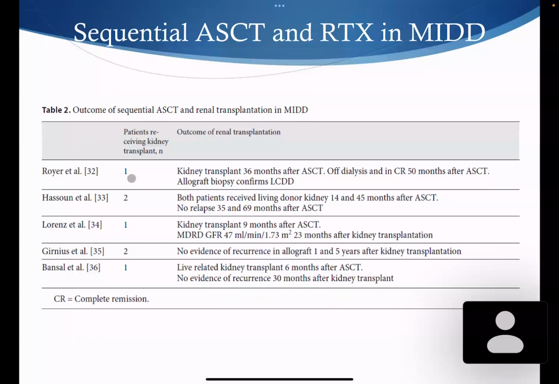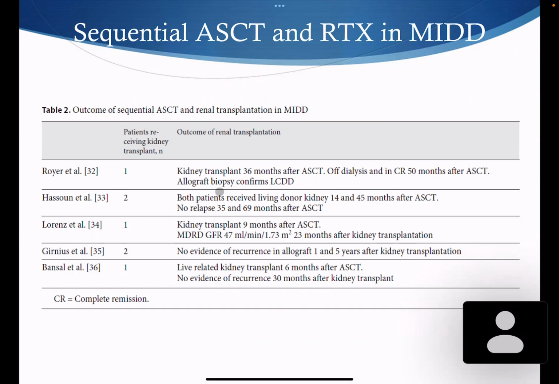In this paper with only 1 patient, the kidney transplant was done 36 months after autologous stem cell transplant, and the patient was off dialysis, and he has a complete remission 50 months after the autologous stem cell transplant, and the allograft biopsy confirms LCDD.